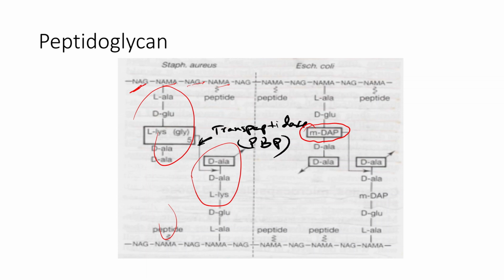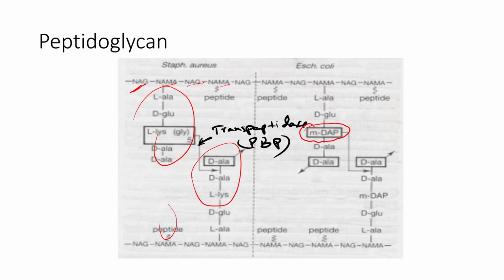Now, what is the enzyme that catalyzes cross-linking? Transpeptidase. Beta-lactams bind to this transpeptidase and inhibit its activity.